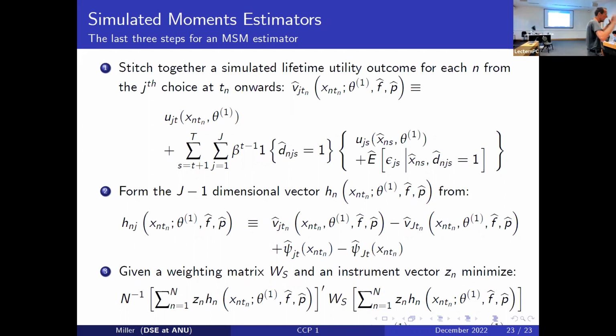Okay, that's our goal. We see in the data the sufficient statistics for the CCPs and the transitions that are conditional on the states and the actions. We're going to use those things to get at the elasticity that we want.